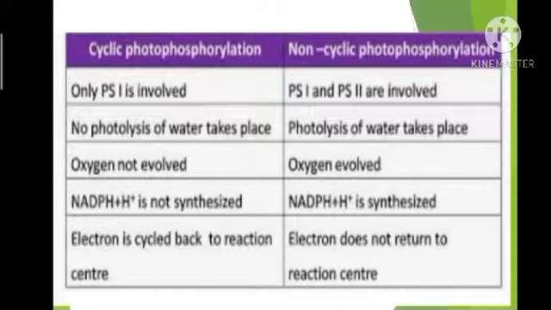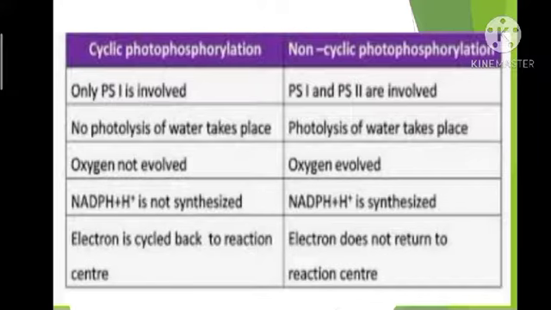Okay, and in cyclic photophosphorylation, NADPH and H plus are not synthesized, but NADPH and H plus are synthesized in non-cyclic photophosphorylation. And in cyclic photophosphorylation, the electron is cycled back to the reaction center. That is, from photosystem 1, the electron is released and it will be cycled back to the same photosystem 1. But in non-cyclic photophosphorylation, the electron which is released from photosystem 2 will not be cycled back to photosystem 2, but it will be used to reduce NADP to NADPH and H plus.